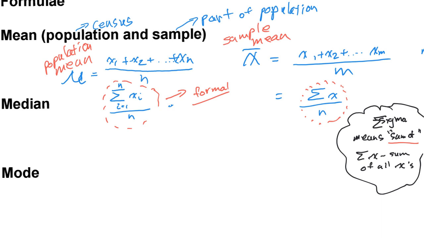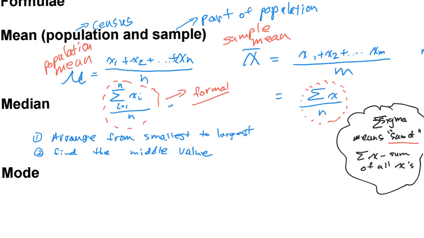So when we calculate the median, this is what you need to do. We arrange our stuff from smallest to largest, and then we find the middle value. Now, if there are two middle values, i.e. we have an even number of points, then we average them.